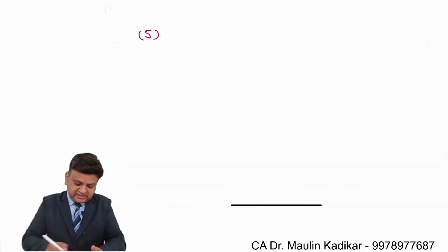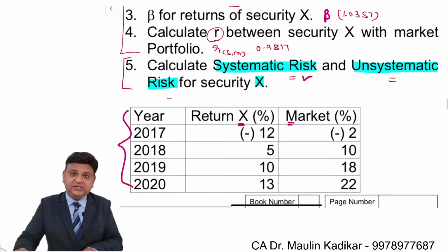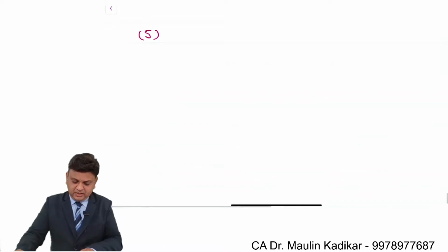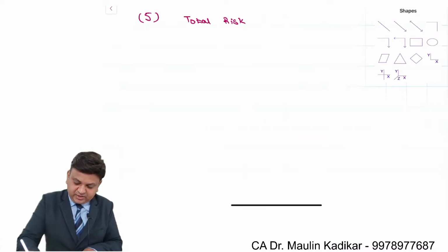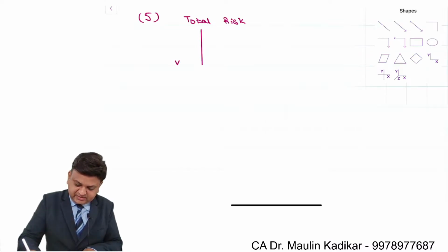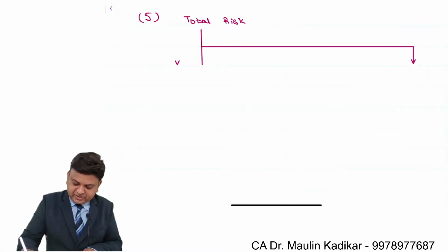Now the question says you are required to calculate the systematic risk and unsystematic risk for the security X. So basically we understand that the total risk of the security is required to be bifurcated into systematic risk and unsystematic risk. How to do such bifurcation? That is what we are going to understand.